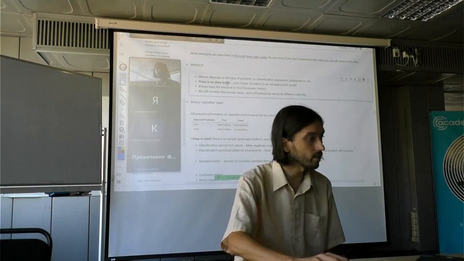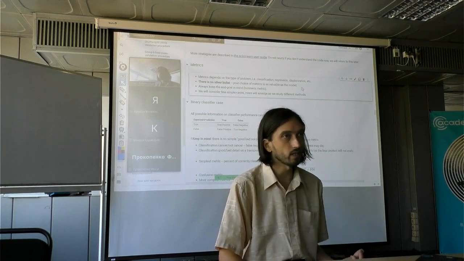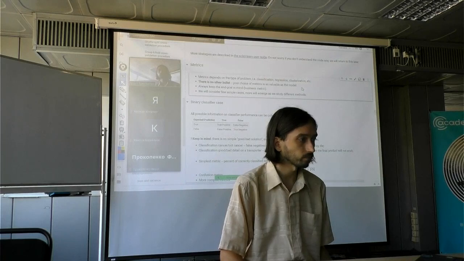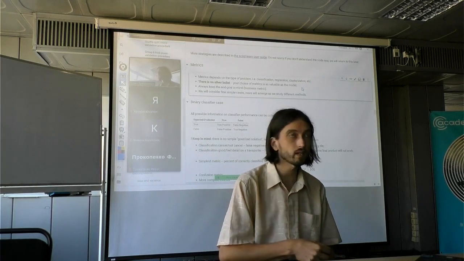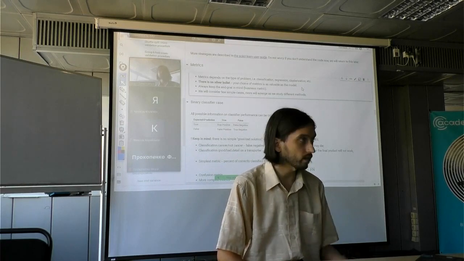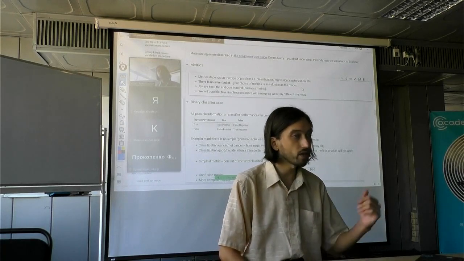The second thing, there is no silver bullet. And your choice of metrics is basically as valuable as your choice of the model. Because you don't need just to find the correct model. You need to measure its performance correctly. If you don't, you can't train it.